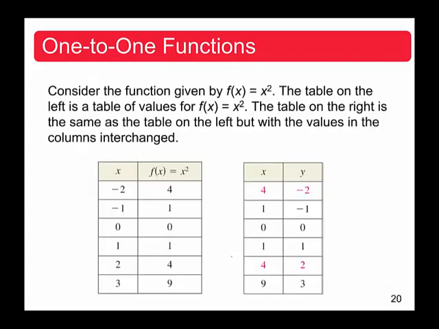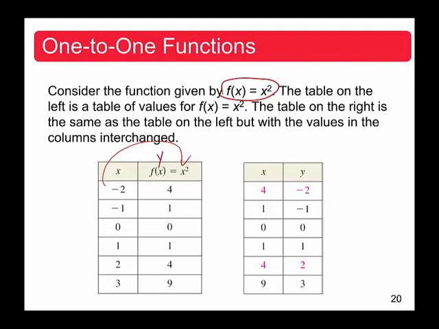Okay, so for example, let's say we have the original function f of x equals x squared. Now we come up with the ordered pairs, picking -2, -1, 0, 1, 2, 3, and get all the y values by plugging the x value into the function, and get all these ordered pairs. Now, if you switch x and y, this is y right here, then you get these ordered pairs.